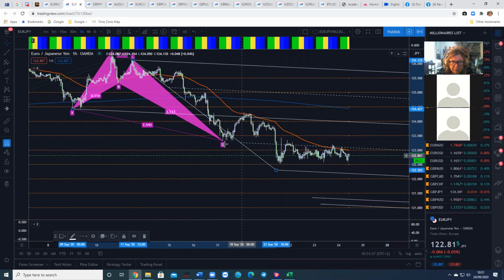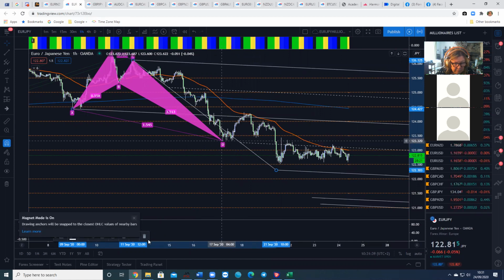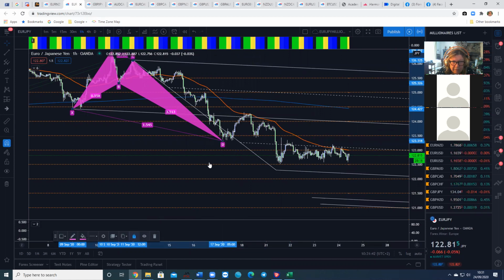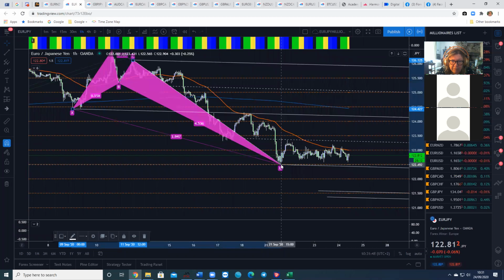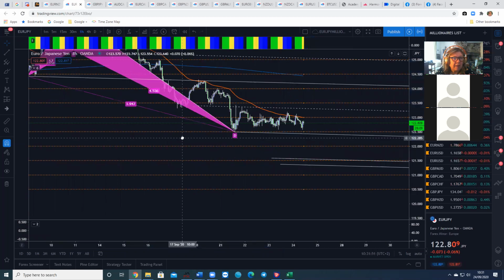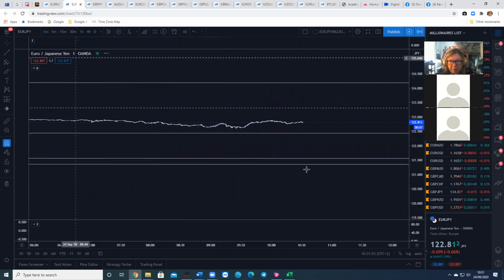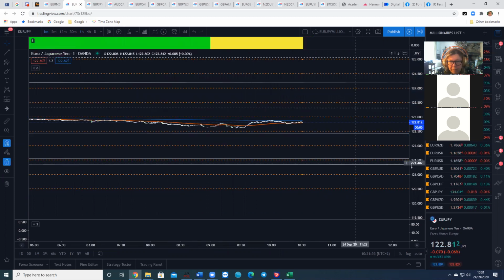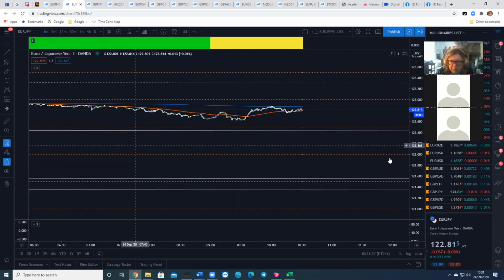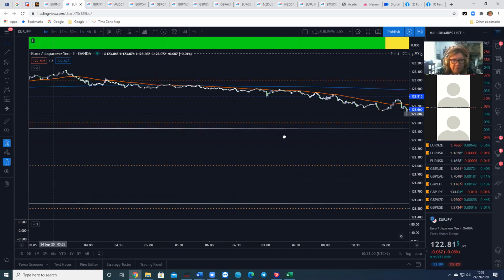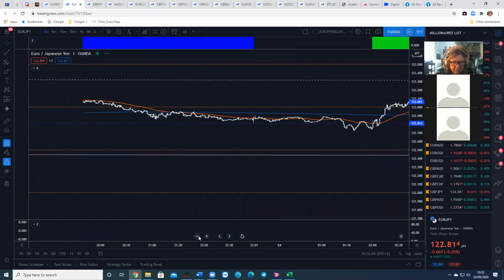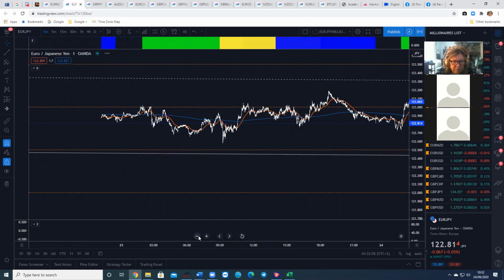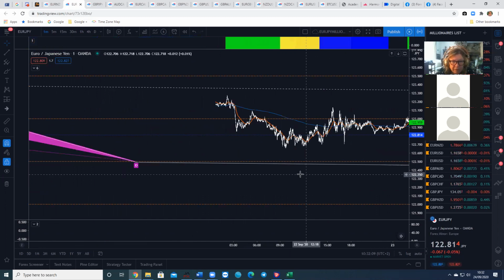Put your magnet on. And let's move that D point and see what we've got. So having the magnet on helps place it accurately, and then you'll need to come down to the 1 minute just to make sure it's on correctly, because it's this that enables us to get away with a 10 pip stop loss, having these accurate pitchforks and to be able to trade them over a long period of time.